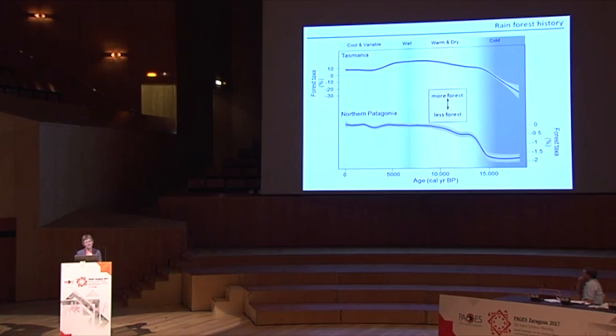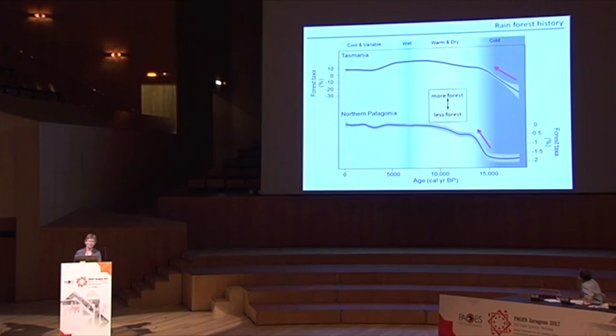We've done GAMs analysis of the records from Tasmania, as well as the records from northern Patagonia. And they look fairly similar, the histories of tree development in this region. You can see that there's a rise in trees initially. It's much steeper in Patagonia, and at this latitude, it develops fairly abruptly after 15,000 years.